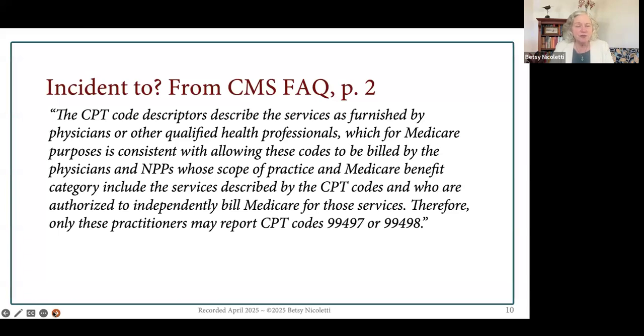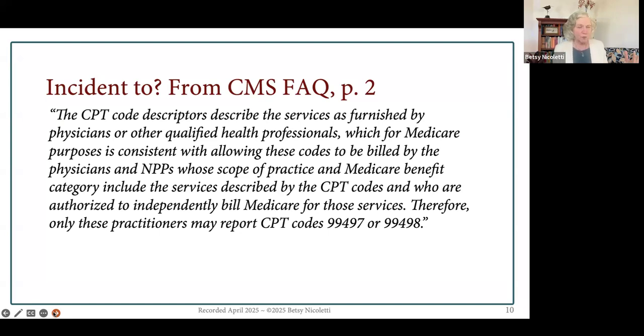The CPT code descriptors describe the services as furnished by physicians or other qualified healthcare professionals, which for Medicare purposes is consistent with allowing these codes to be billed by the physicians and NPPs whose scope of practice and Medicare benefit category includes the services described by these CPT codes, and who are authorized to independently bill Medicare for those services. Therefore, only those practitioners may report these CPT codes.